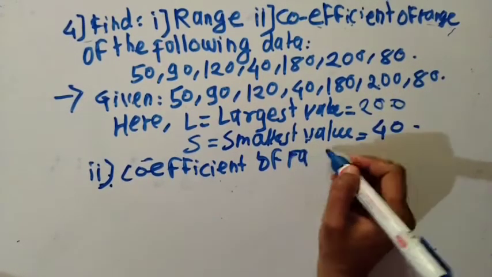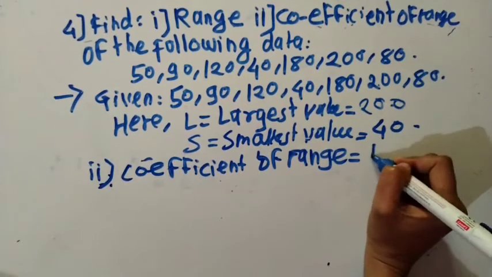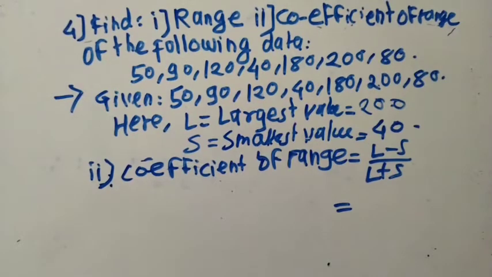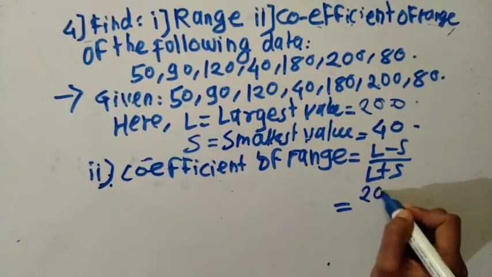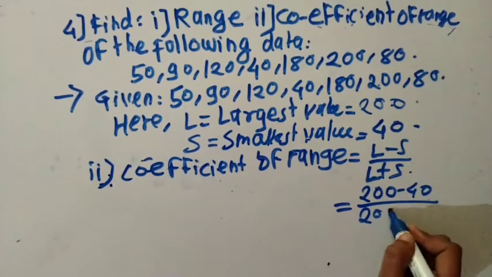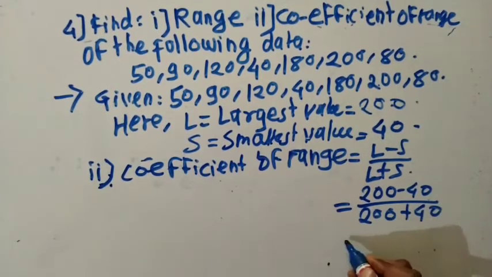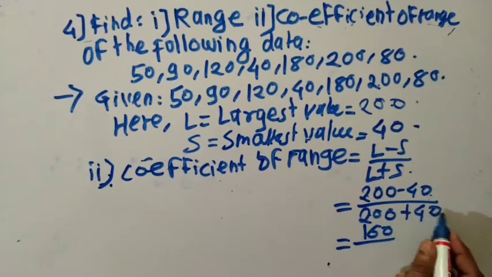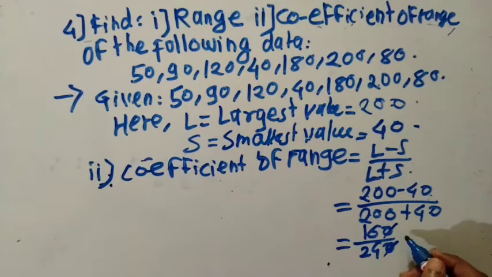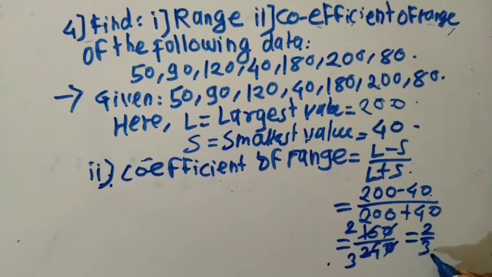How to find out coefficient of range? Formula is L minus S upon L plus S, which means 200 minus 40 upon 200 plus 40. 200 minus 40 is 160 and 200 plus 40 is equal to 240. Then this and this cancel, 8 twos are 16, 8 threes are 24, hence this answer is 2 upon 3.